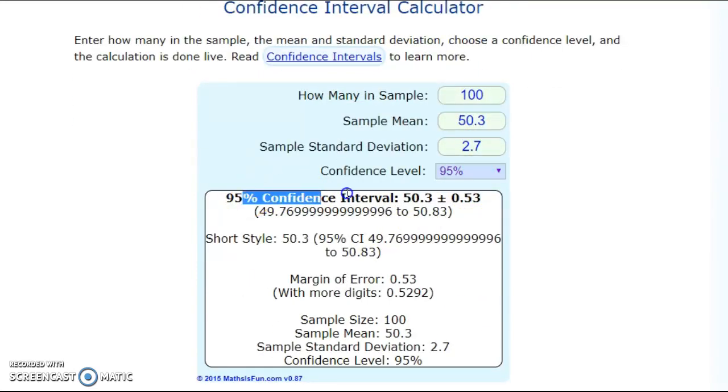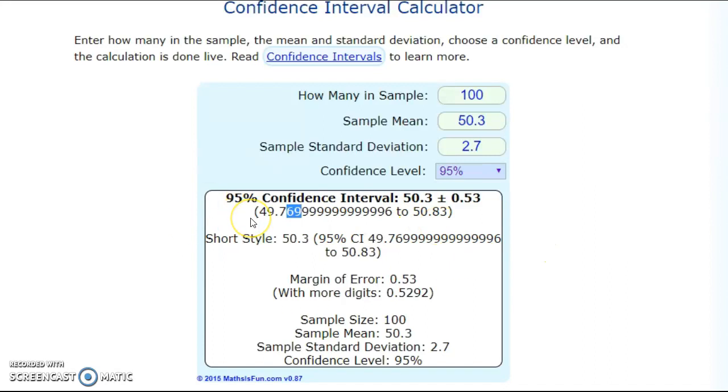I have a 95% confidence interval: 50.3 plus or minus 0.53 would be the calculated value. So 49.8, because that 7 has a 6 right next to it, I'm going to round that up.